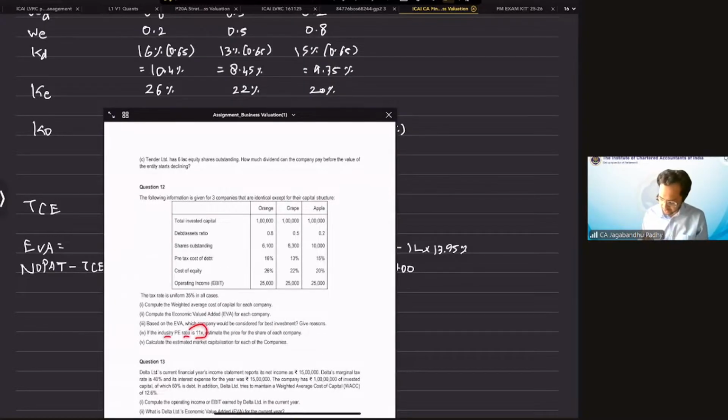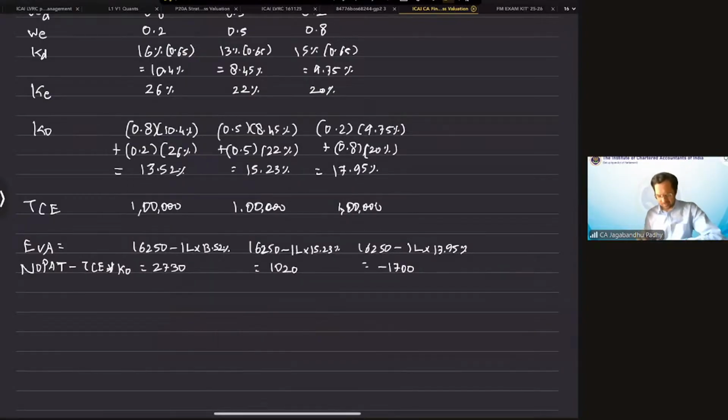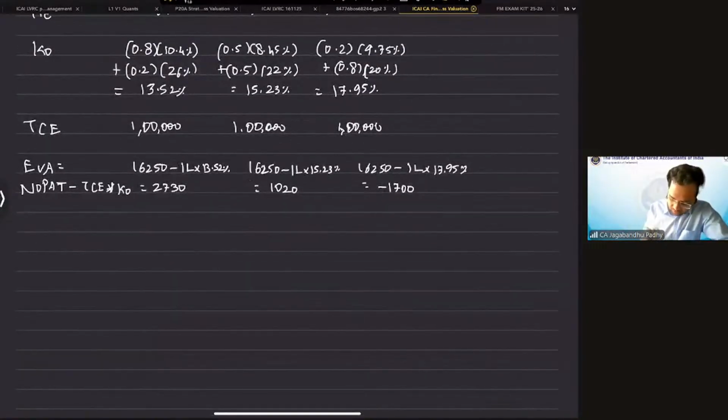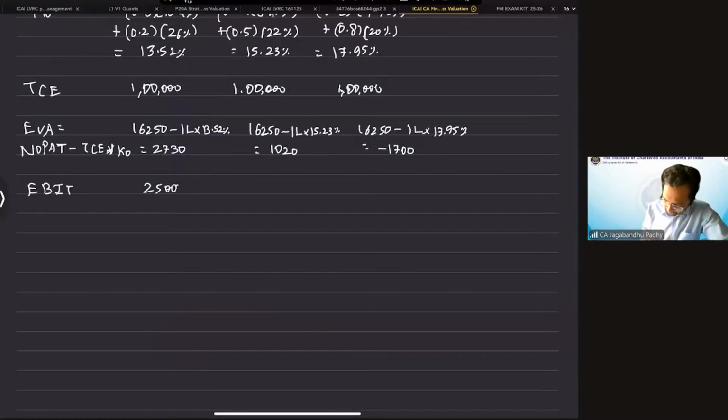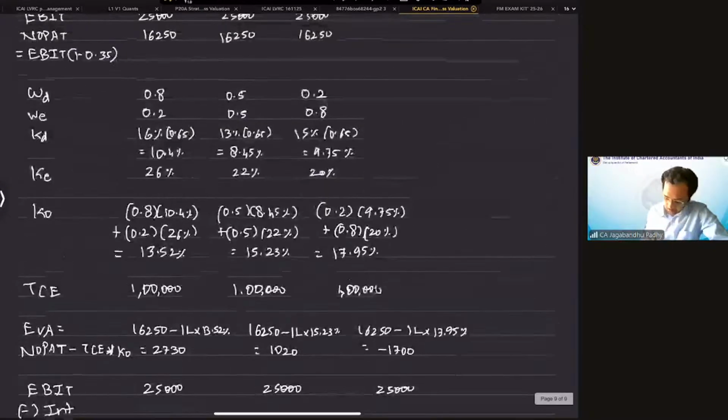Then, if the industry P/E ratio is 11x, estimate the price for each of the shares. To estimate the price, we have the P/E, but we need to get the EPS also. So you have to start with EBIT, which is 25,000 in each case. From this, we are going to subtract interest. Total capital is 1 lakh.